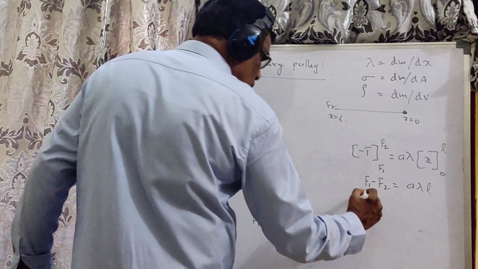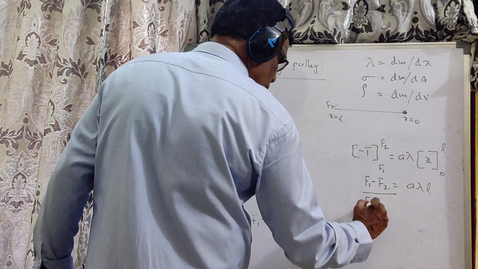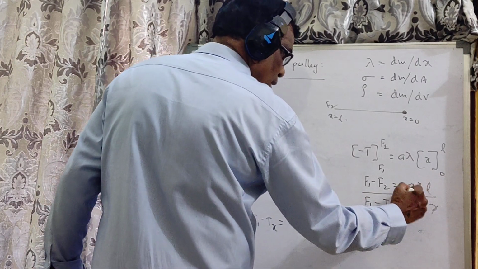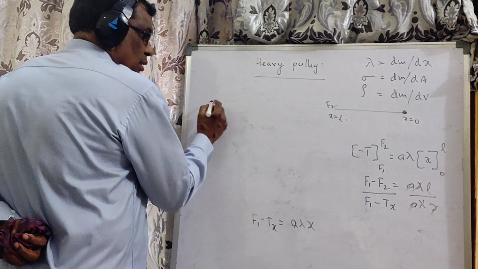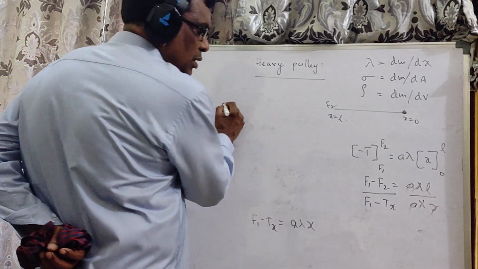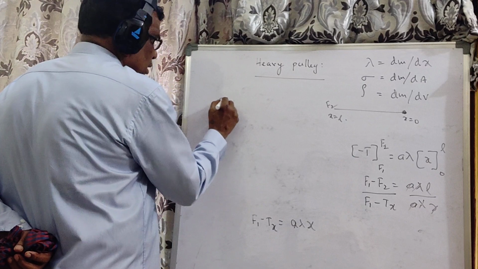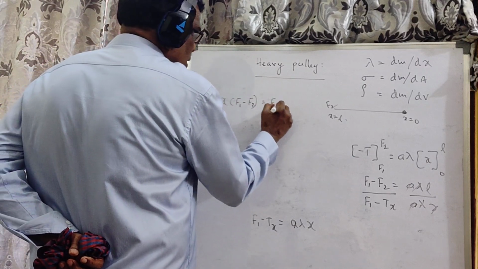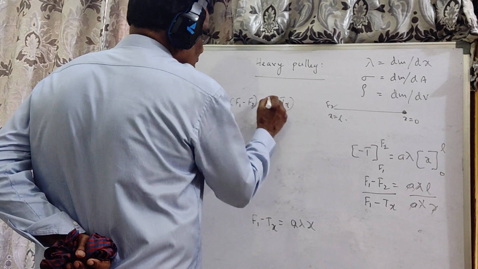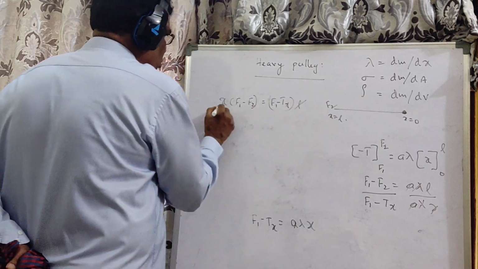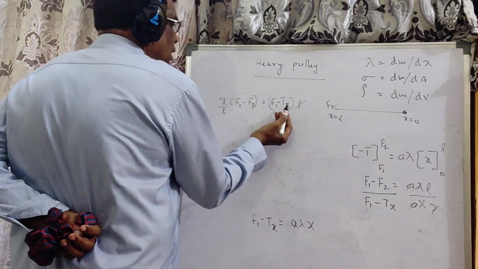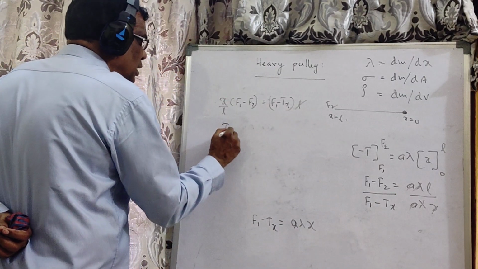Now use these two equations and divide them. A lambda gets cancelled. So you have x over L equal to F1 minus Tx over F1 minus F2. I bring it onto this side, and minus Tx, if I bring it, it will be Tx.